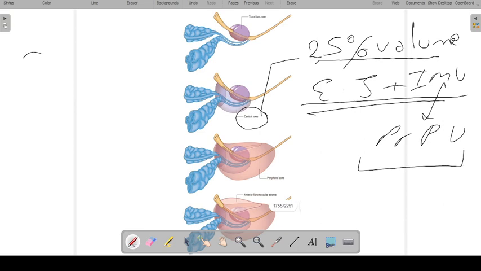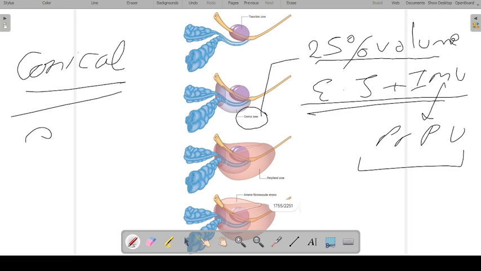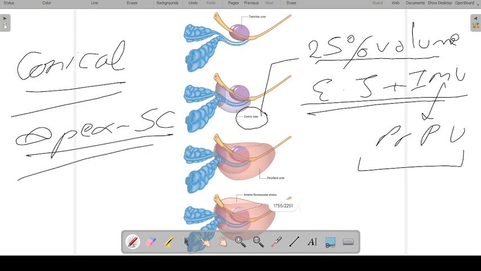It is conical in shape, and its apex is at the seminal colliculus.